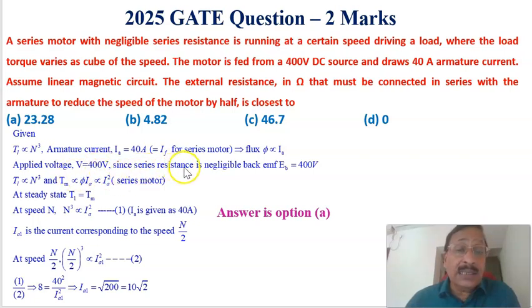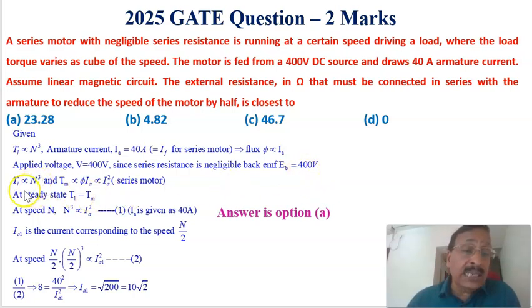Since the series resistance is negligible, the back EMF will be the same as the applied voltage. Therefore, when it is running at a speed of N, the back EMF is the same as the supply DC voltage, which is equal to 400 volts, because the resistance is assumed to be negligible.